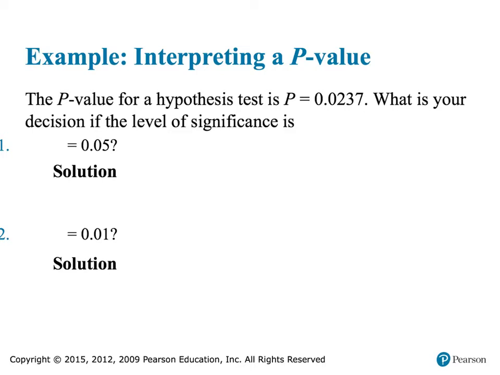So say we conduct a hypothesis test and we get a p-value equal to 0.0237. What decision would we make if our level of significance alpha was 0.05? Well, because p is less than or equal to 0.05, we would reject the H0. We have evidence to say that it isn't true.